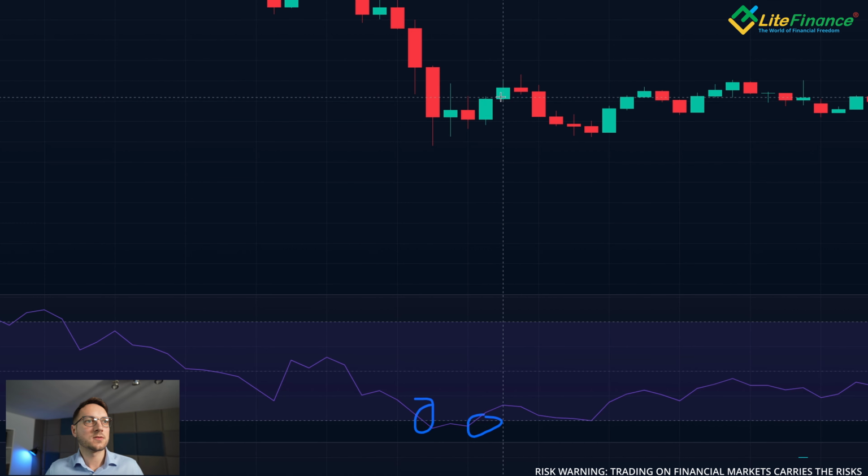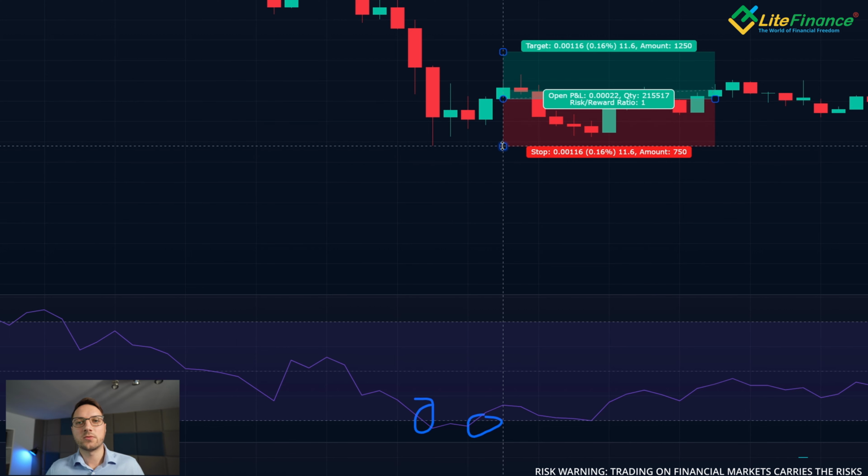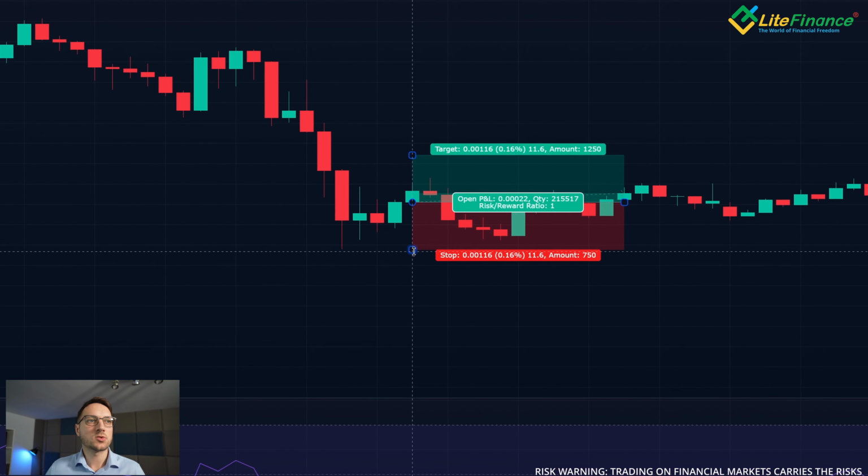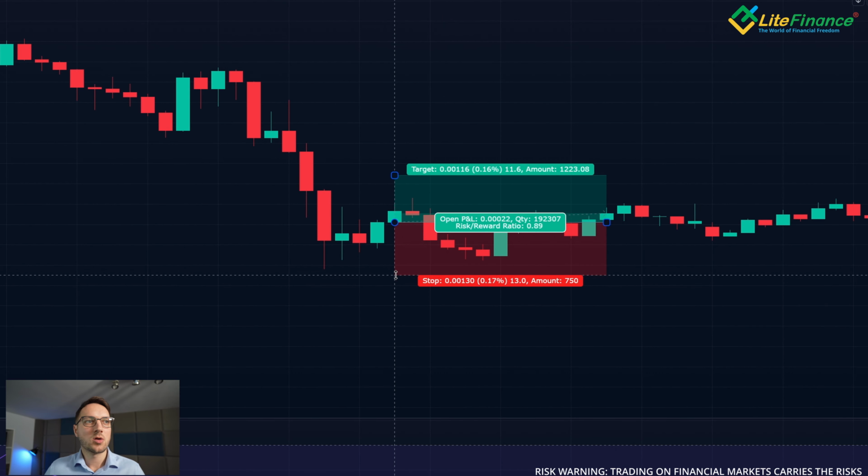So let's mark that. As for the take profit and stop loss, as in many strategies, we are looking for the nearest lowest low. Based on that level, we are setting our stop loss a little bit below, plus commission, plus spread, plus 1 pip for the market noise.